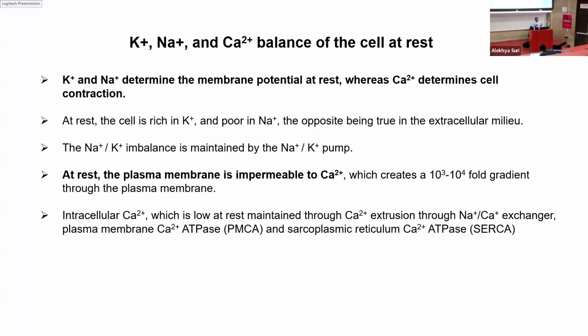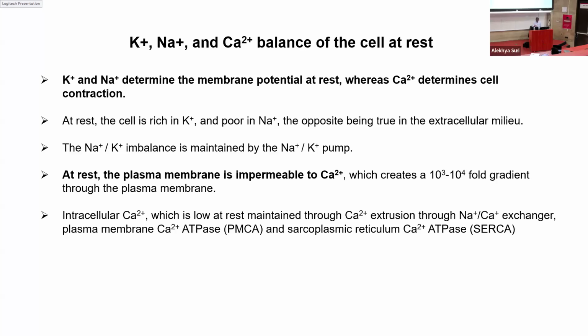So there is an imbalance between the sodium and potassium ions in and out of the cells. This imbalance is maintained by a pump called the sodium potassium pump. What it does is pump potassium in and sodium out, thereby maintaining a high concentration of potassium inside and a low concentration of sodium inside.